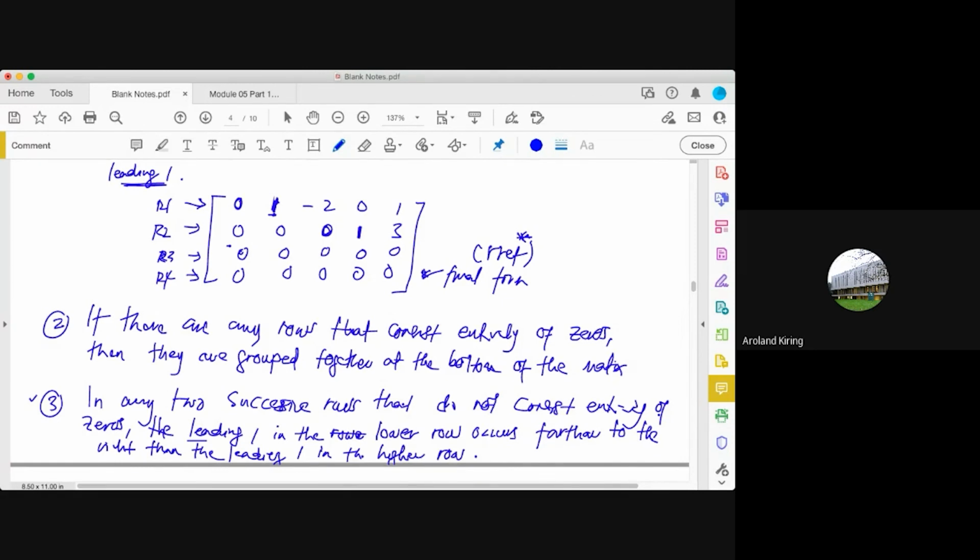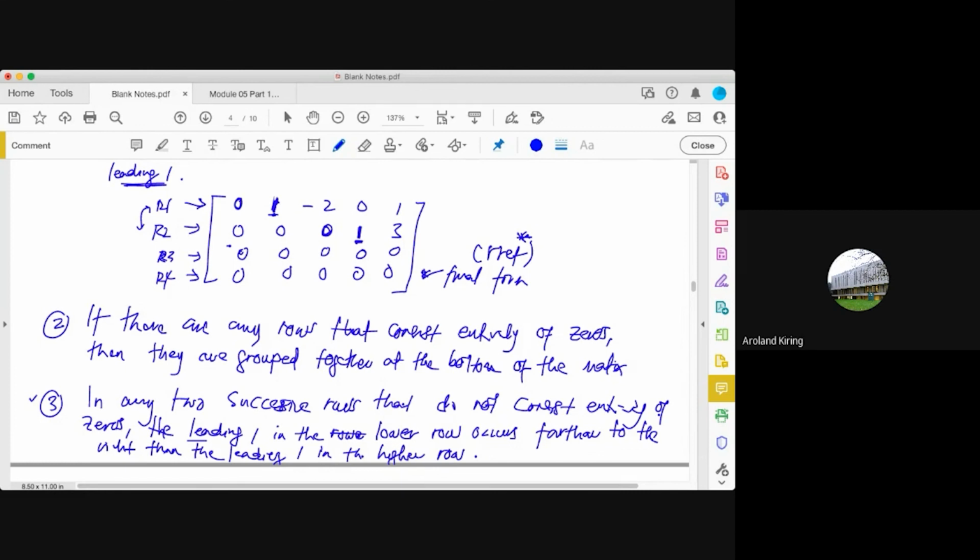So the leading one at the bottom must be placed further to the right. Okay, so if this is the other way around, you need to swap them before you can claim that you have finally reached your REF form. Okay, so these are three important properties.